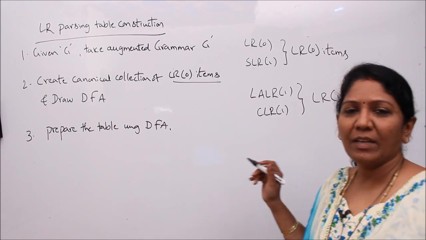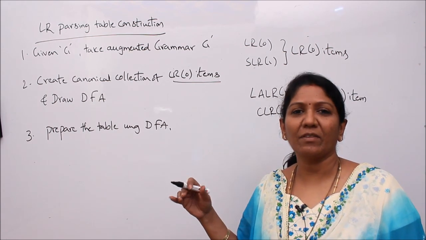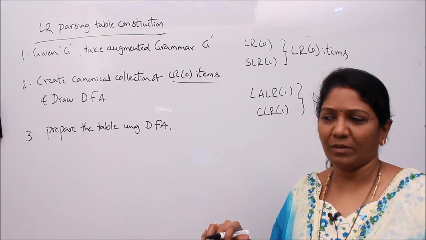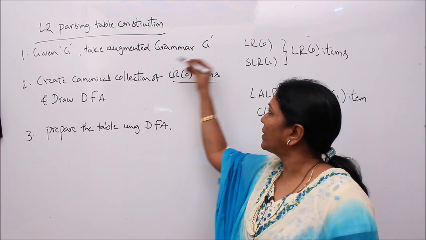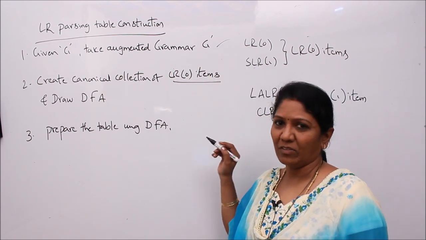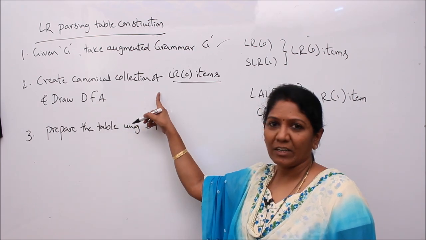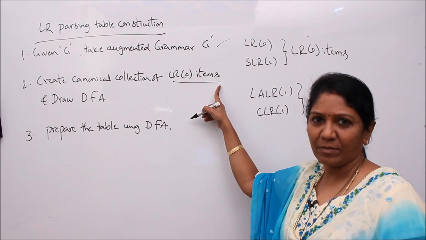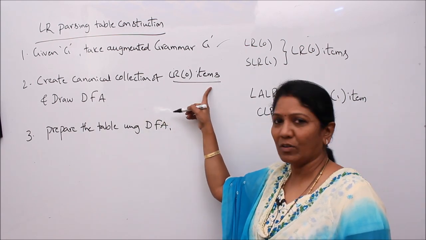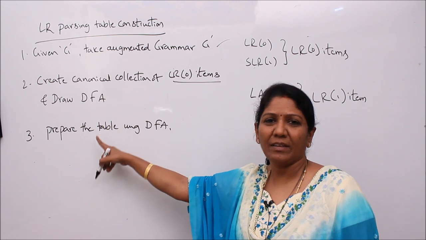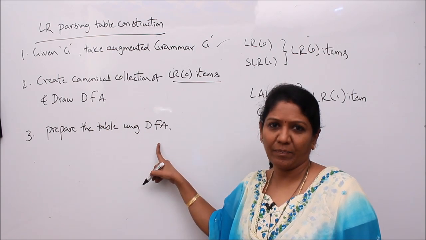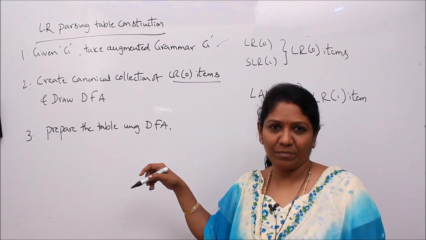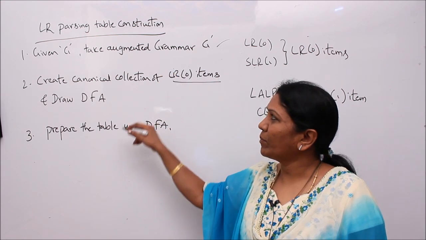That means if I have to construct an SLR1 parsing table, what is the procedure? Given a grammar, take augmented grammar G dash, create canonical collection of LR0 items, draw the DFA and then reduce the DFA to parsing table. If it is CLR1, then how do I modify here?